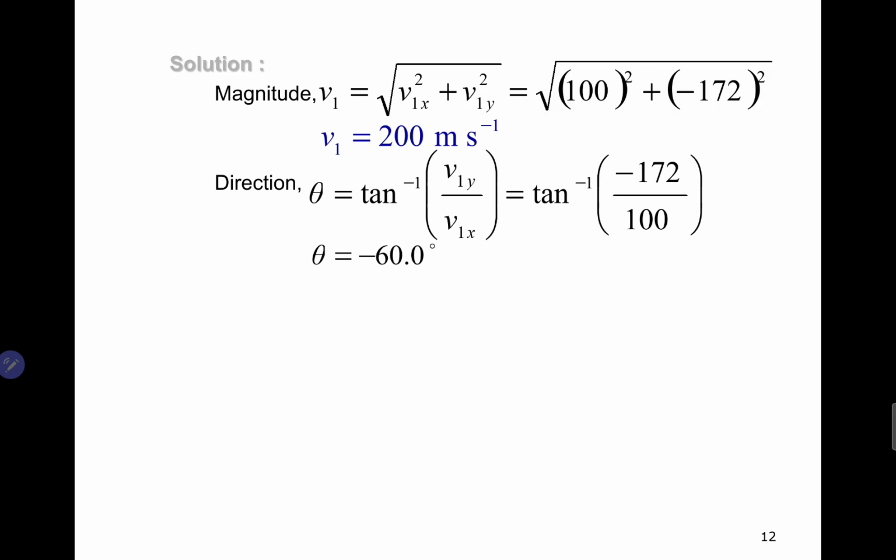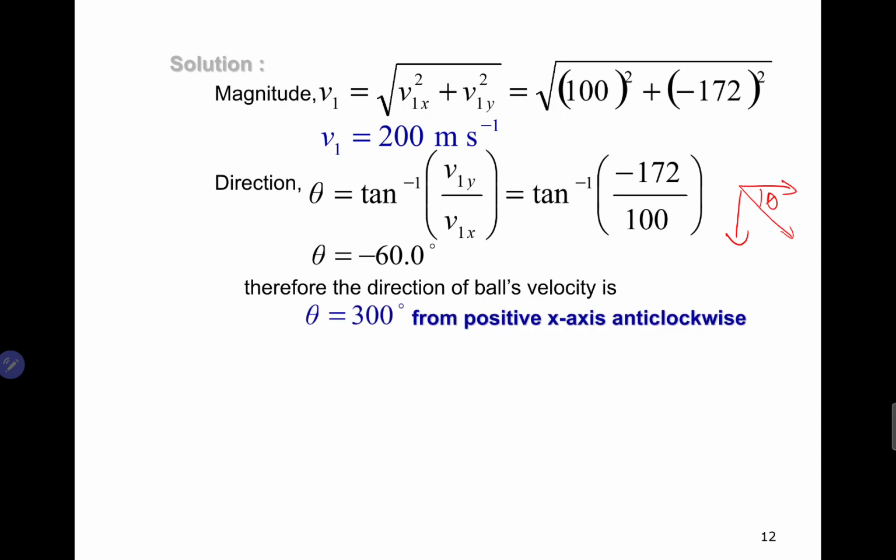But over here you have negative, because the angle is acting downward, below the positive x-axis. Your theta will be over here. If provided in rotation, this one will be 300 degrees.